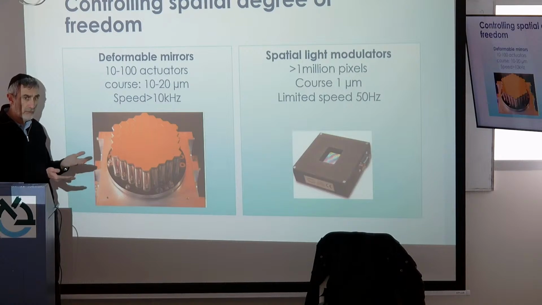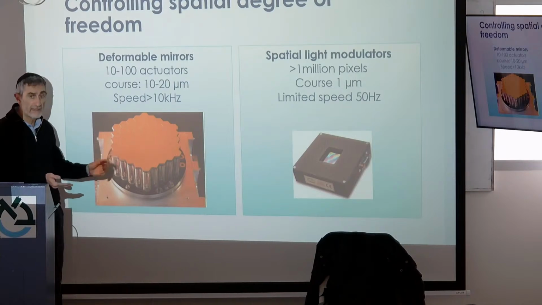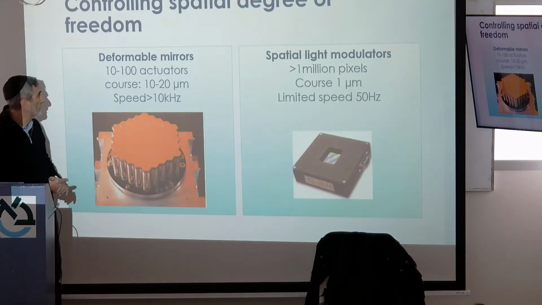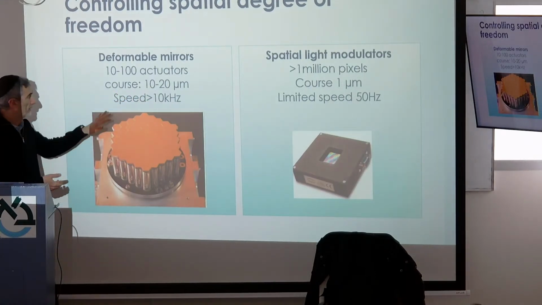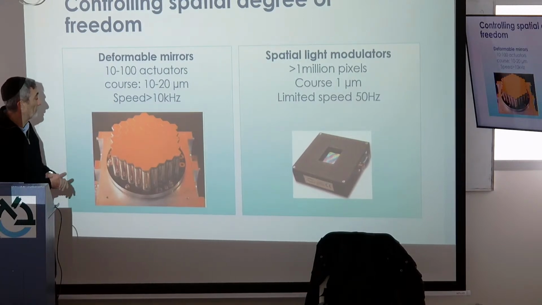So by pulling one or the other, you can change the phase. You can adjust with very high resolution the phase of each pixel here, but there is a small number of pixels like that, typically 10 to 100 actuators. Now they do much better than that. The stroke is quite large, 10 to 20 microns. Speed is quite fast compared to the other one.